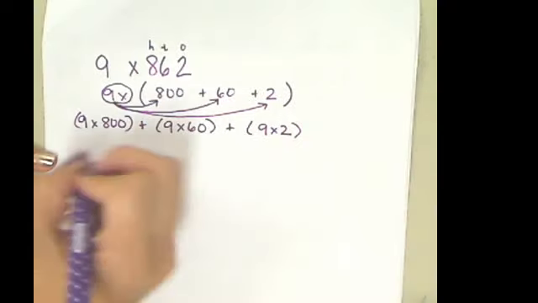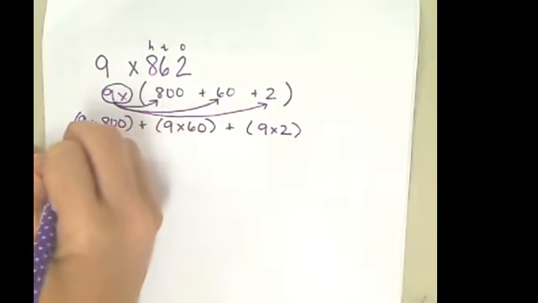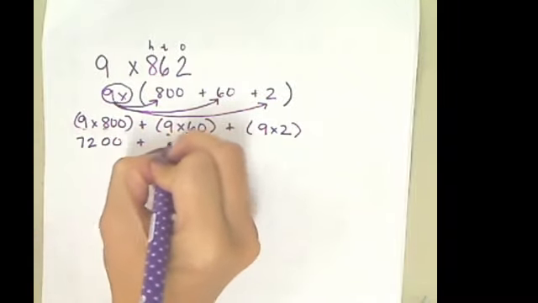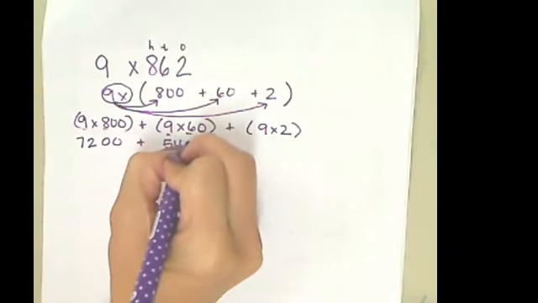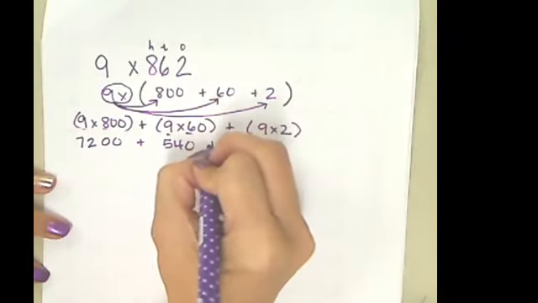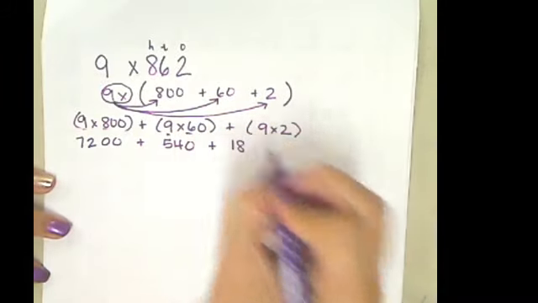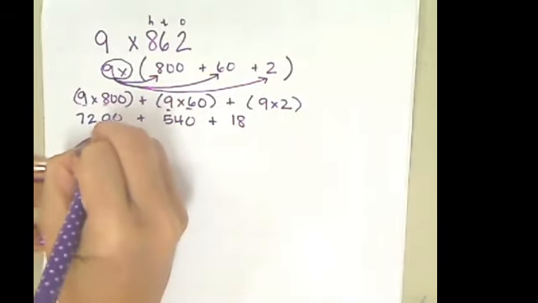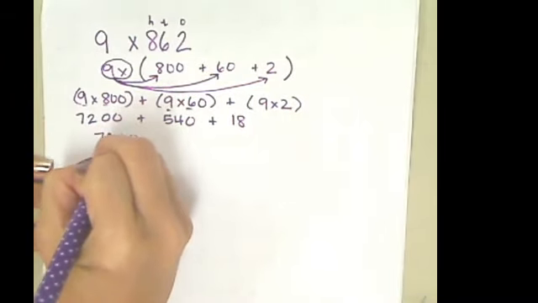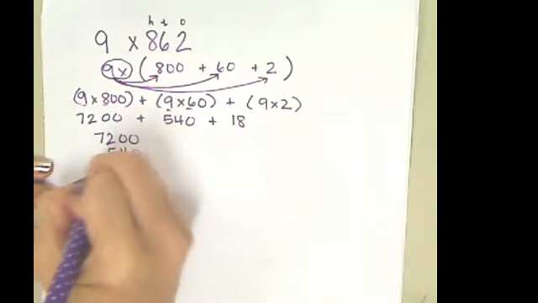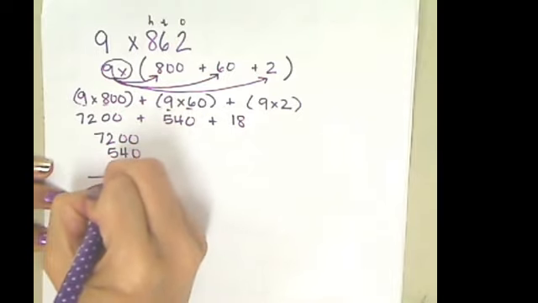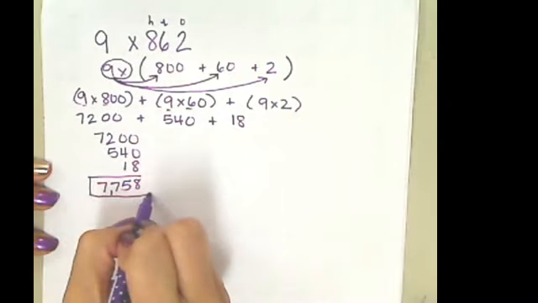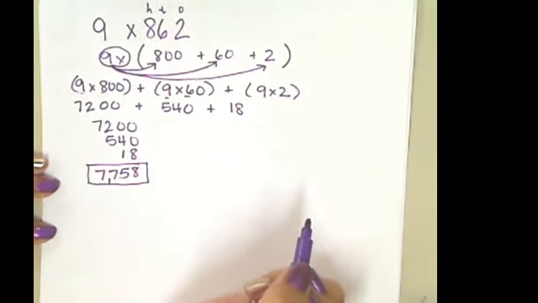So now you're down to your basic facts. 9 times 8, 72. 9 times 6, 54. 9 times 2, 18. And we have an addition problem. Your total product is 7,758.